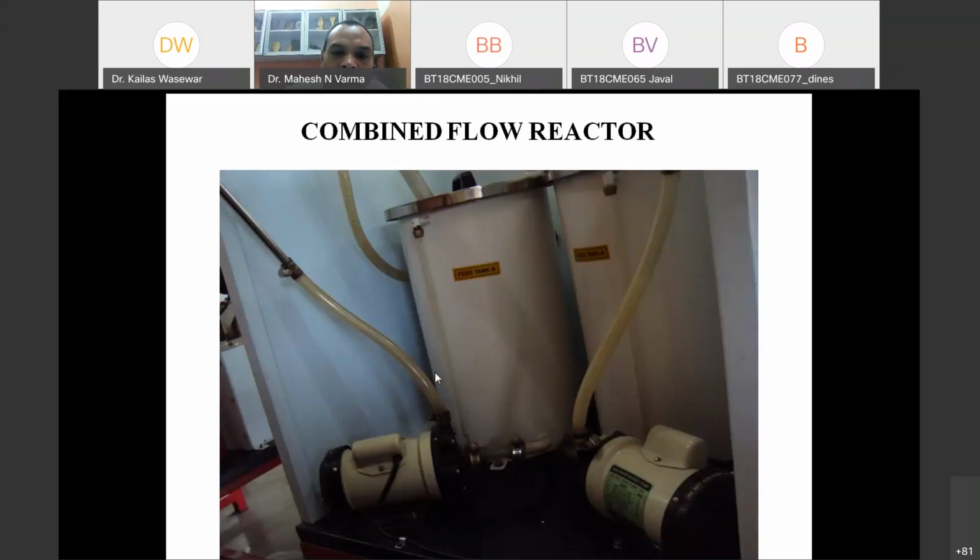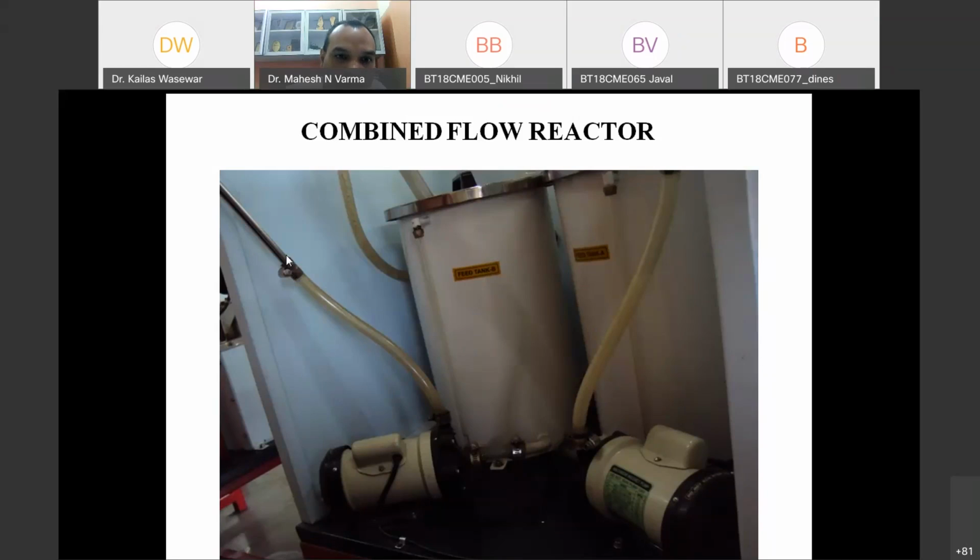This is the view of the same combined flow reactor from the backside. This is the reactor, feed tank A, feed tank B. This is connected to the pump, and this pump outlet is going to a top tank, the overhead tank.